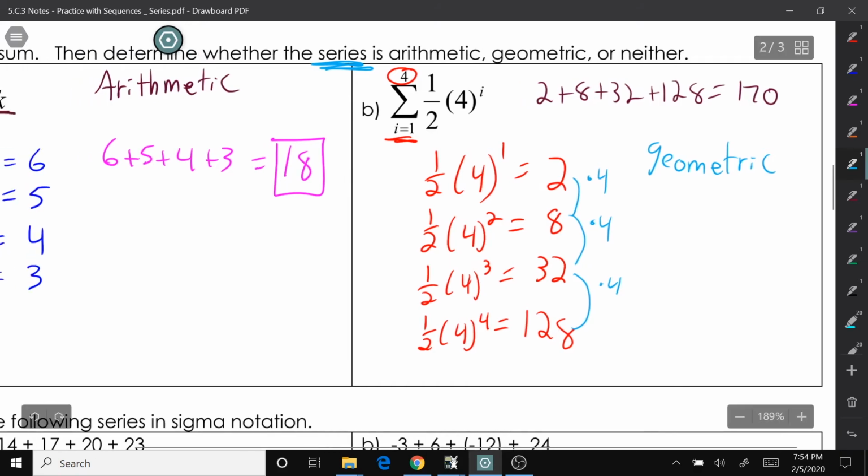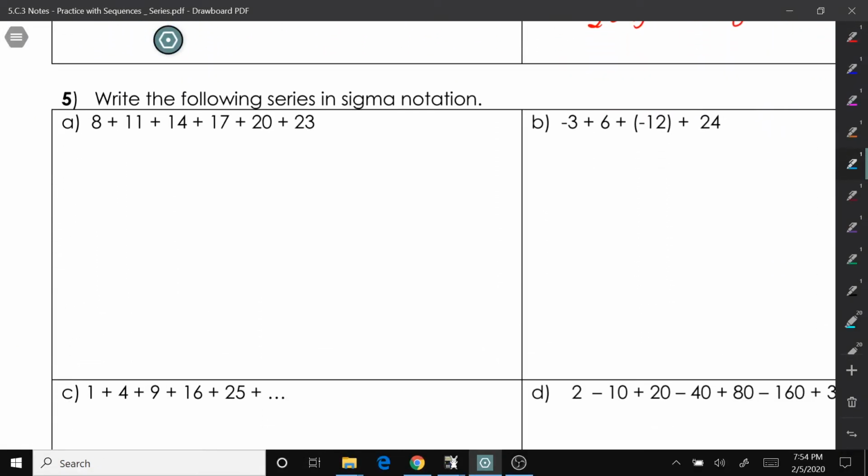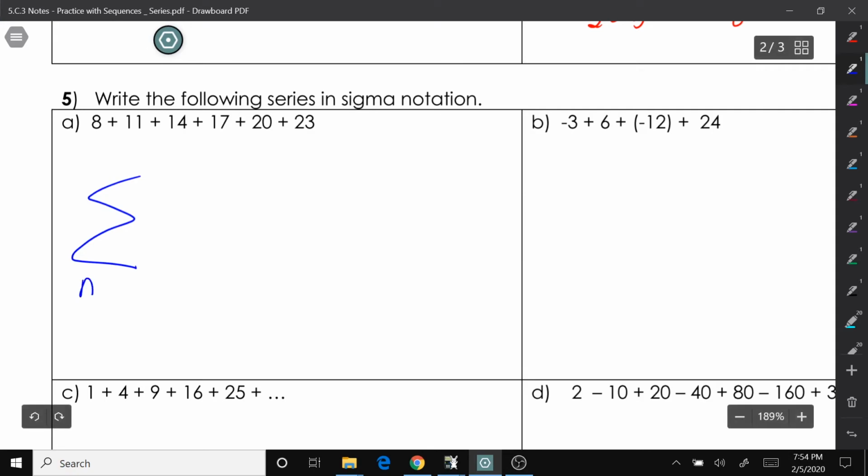All right, last but not least, number 5. Write the following series in sigma notation. Remember this big fancy thing, and we always start with n equals 1, and we have 1, 2, 3, 4, 5, 6 terms. Now, to figure out our equation, we need to go back 1 and figure out what came before all this.